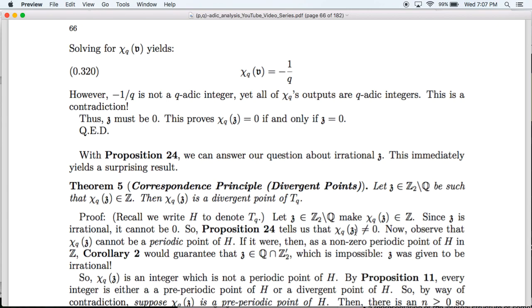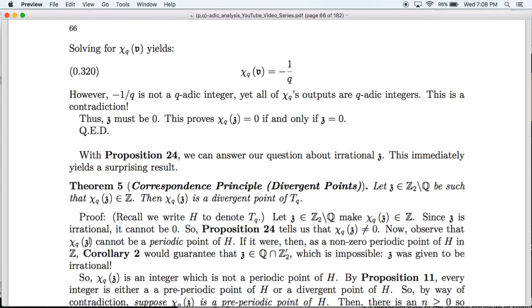Now note that chi-q of z cannot be a periodic point. By the fanciest version of the correspondence principle, if this was a periodic point, then z would have to be rational. The reason we can conclude this is because there is a bijective correspondence between periodic points of H and the rational 2-adic inputs that chi-q sends to those periodic points.